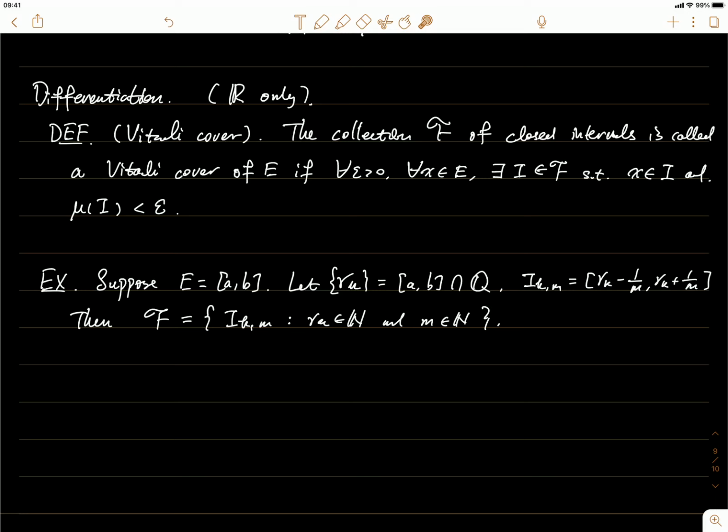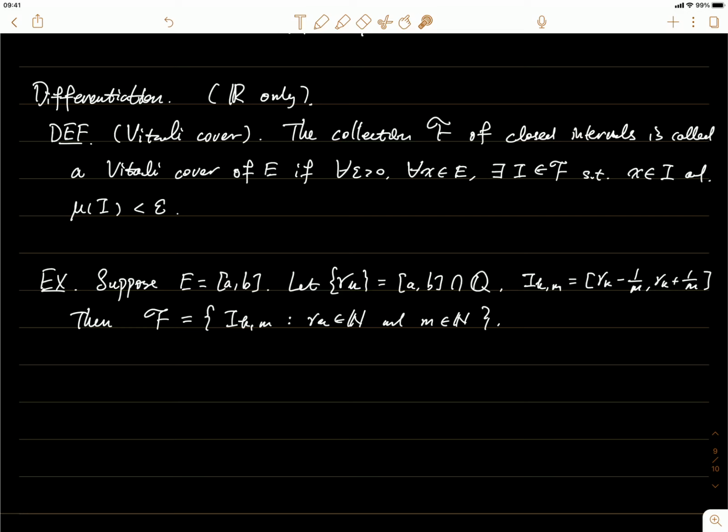For any rational number from E, apparently it can be covered by this, and it doesn't matter how small you want your epsilon to be. We can choose m large enough so that the interval has a length less than epsilon, and we can cover that rational number. For an irrational number, we know that the rational numbers are dense in the interval.